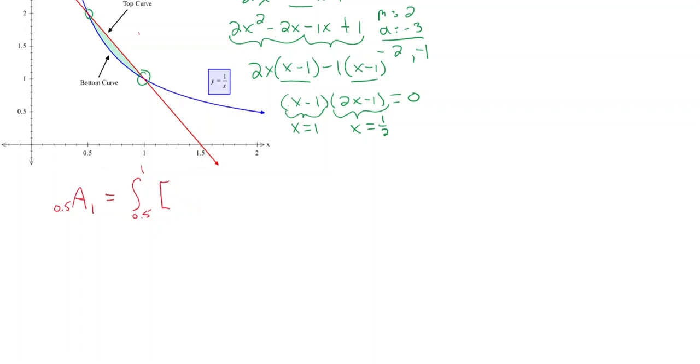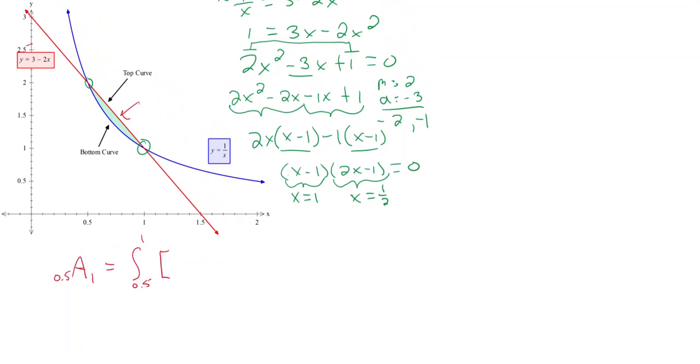In this case, for the area we're concerned about, the top function would be this one, 3 minus 2x, minus my other function. The blue function is my bottom function here, so that would just be 1 over x, and then dx.